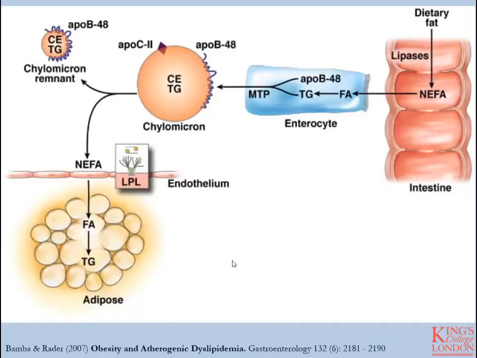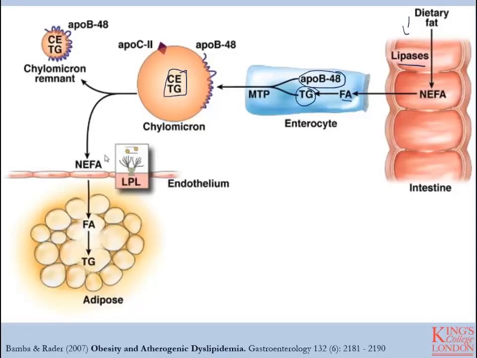Here's a diagram which nicely illustrates this same process without the analogy of the factory and delivery truck. You have dietary fat entering the small intestine, lipases breaking down the fatty acids and aiding in their absorption into the enterocytes, fatty acids being repackaged as triglycerides, ApoB48 being produced, and the triglycerides and cholesterol esters packaged into chylomicrons and secreted into circulation.